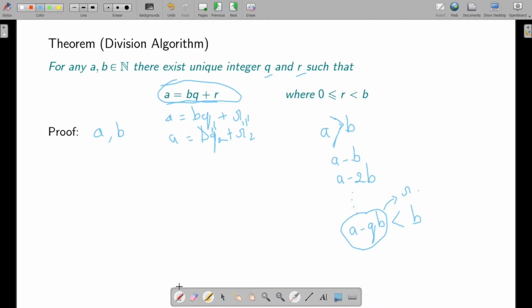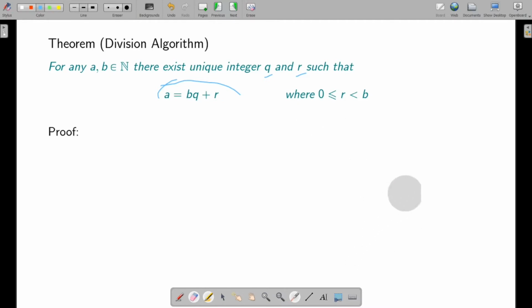Now for the proof of the division algorithm, we do exactly what you would expect. I will assume that you are familiar with the well ordering principle, which states that any non-empty subset of natural numbers always has a least element.